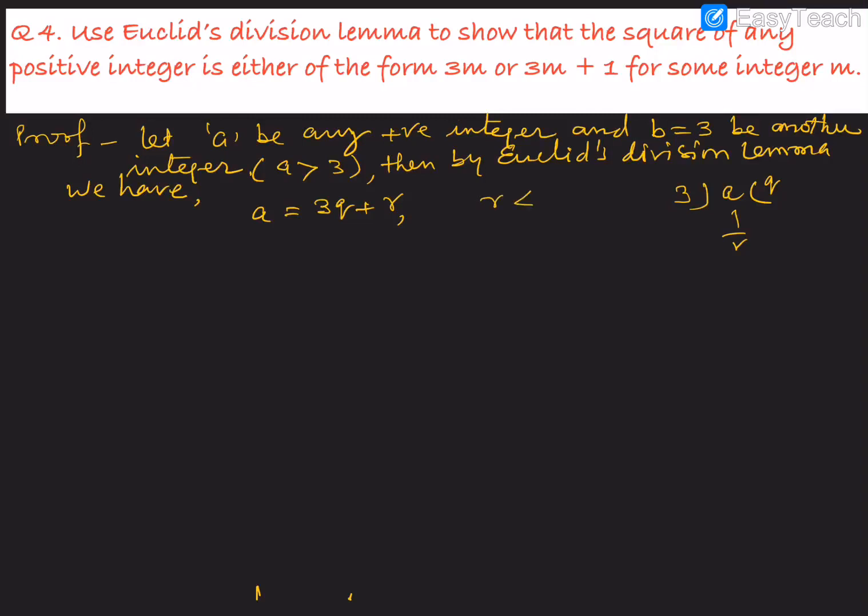r will be less than 3 and greater than or equal to 0. Thus, the structure of a may be a is equal to 3q plus 0 or 3q plus 1 or 3q plus 2.